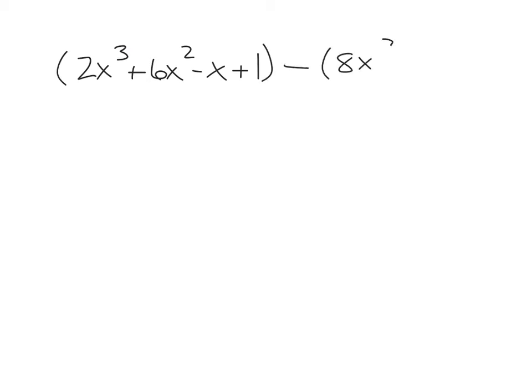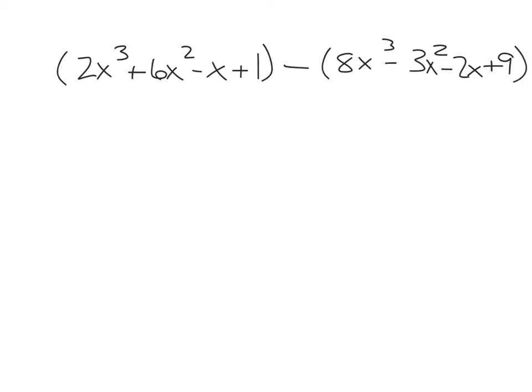Now, in terms of subtracting, let's talk about that. So say I did something like this right here. I had 2x cubed plus 6x squared minus x plus 1. And we're going to go ahead and minus that from the 8x cubed minus 3x squared minus 2x plus 9, okay?